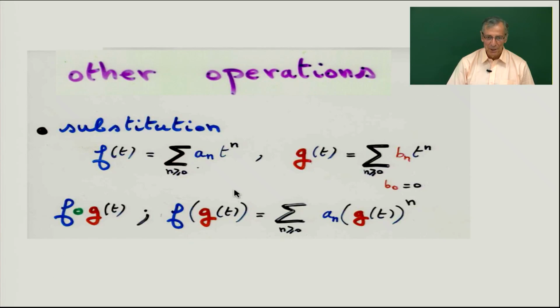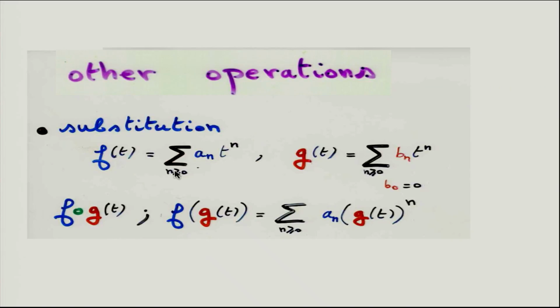There are some other operations which correspond to the same operations in analysis for classical functions. There is substitution: you replace t by the generating function g, but to make sense, the coefficient b0 must be 0. The power series g must start with the coefficient of t, because if there were a constant, then when you replace, you would have an infinite sum of constant terms, and this is not allowed.